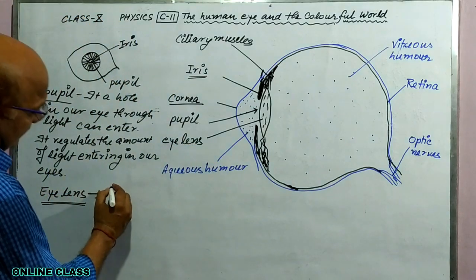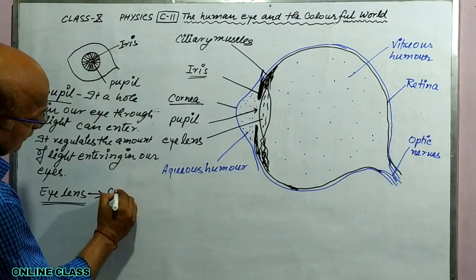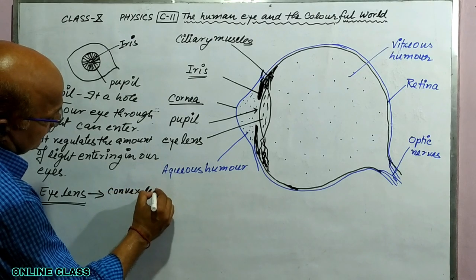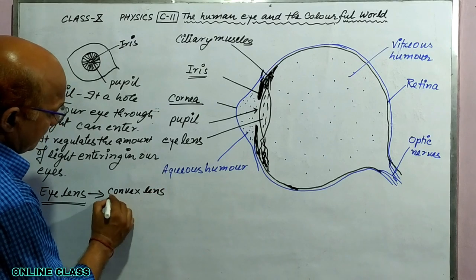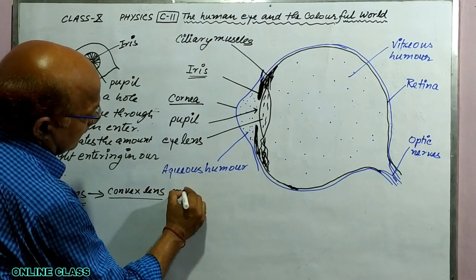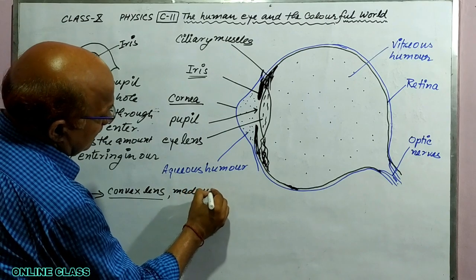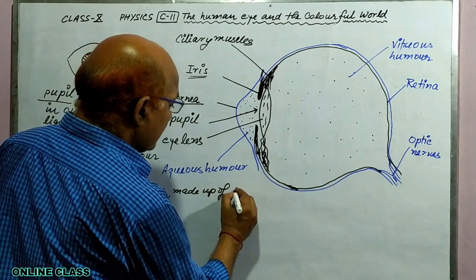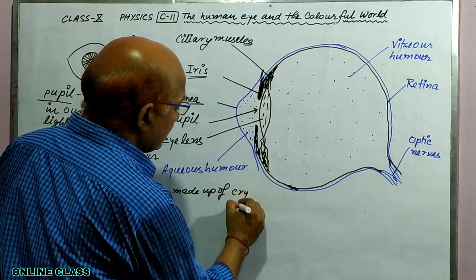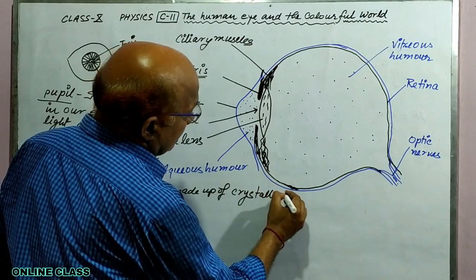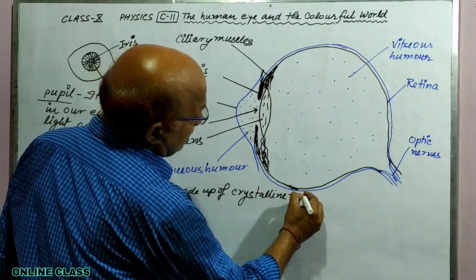So eye lens is actually convex lens made up of crystalline tissues.